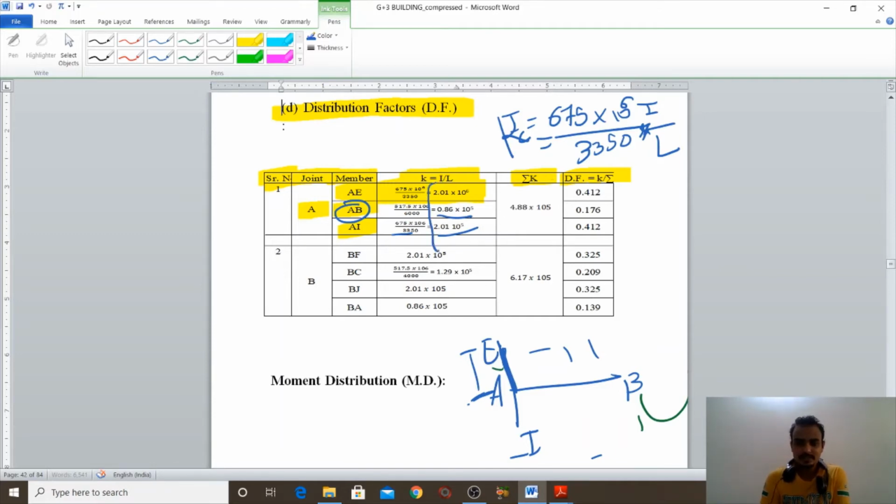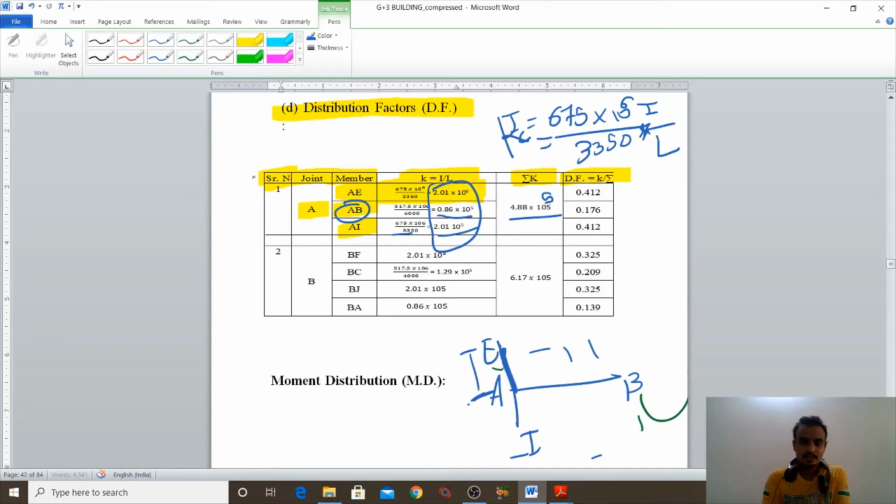Sigma K means summation of all three members, the summation of all three members' stiffness. 2.01 plus 0.86 plus 2.01. So sigma K is 4.88 into 10 raised to 5.